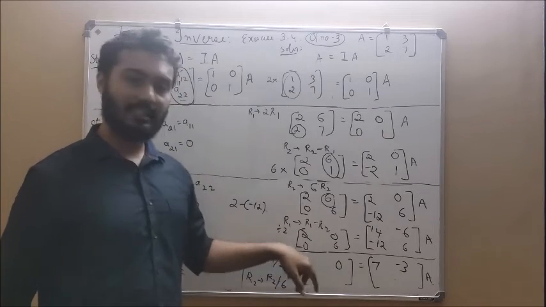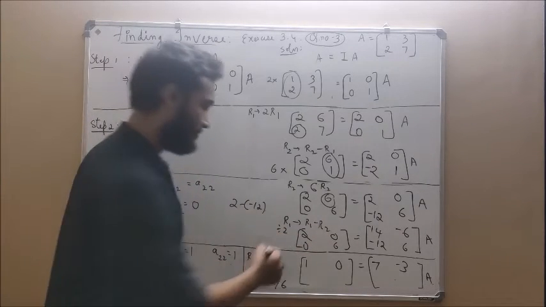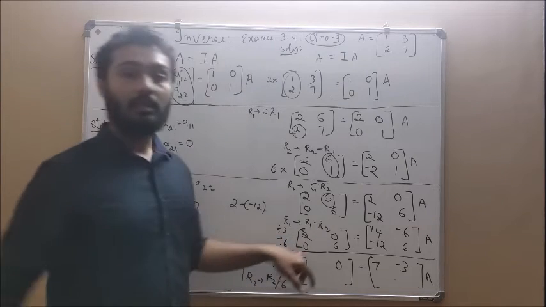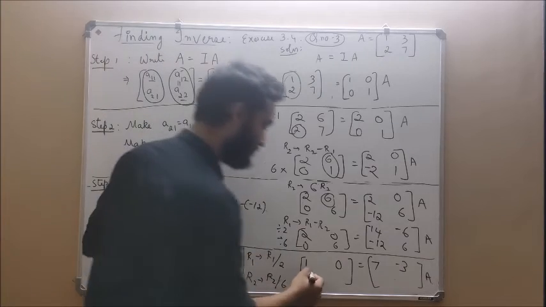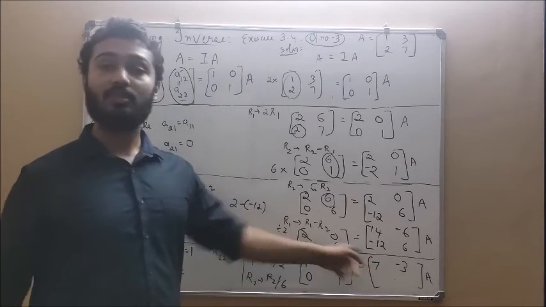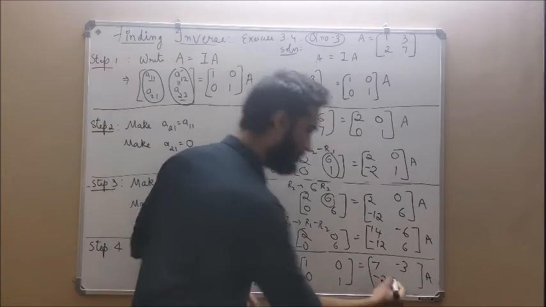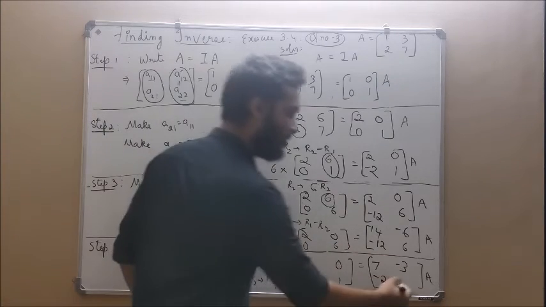Next here divide by 6, 0 by 6 is 0, 6 by 6 is 1, minus 12 by 6, minus 2, 6 by 6 is 1.